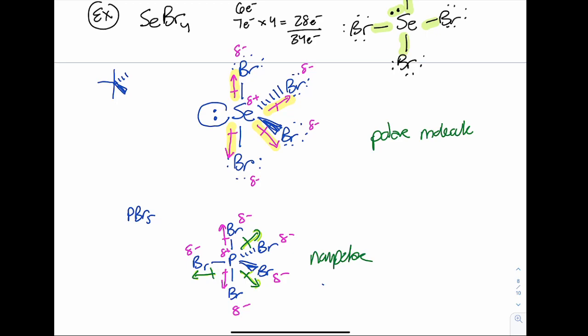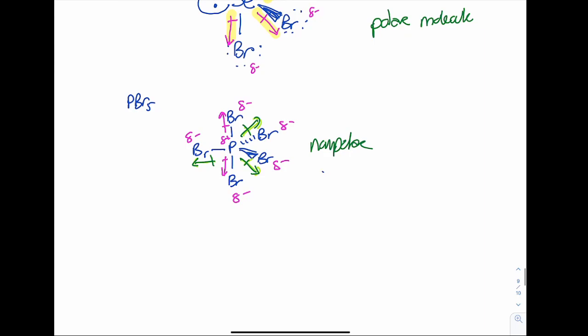Let's do one more. I actually have a good one for us. So PH3. So when we draw the Lewis structure for this one, I end up with a lone pair on phosphorus. So I have 4 electron groups. 3 are bonds, one is a lone pair.